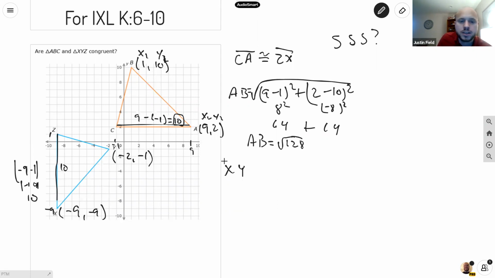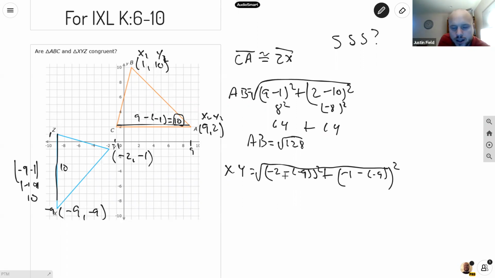Okay, so let's see. If we subtract the x's, we could get -2 minus a -9 squared. If we subtract the y's, -1 minus a -9 squared, all under the square root.